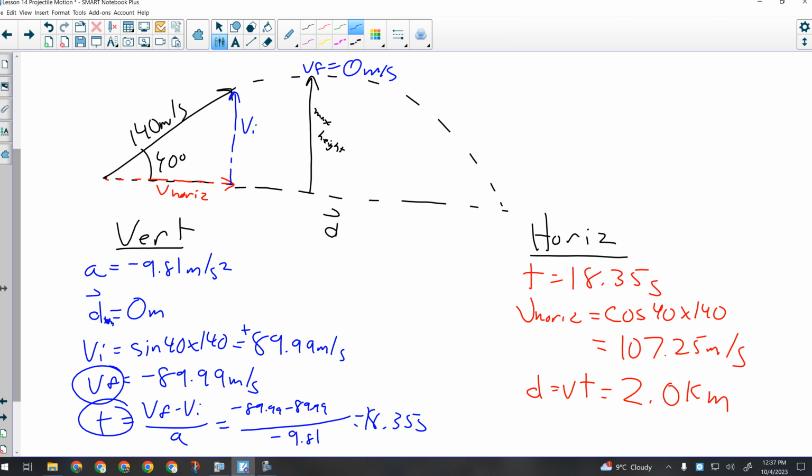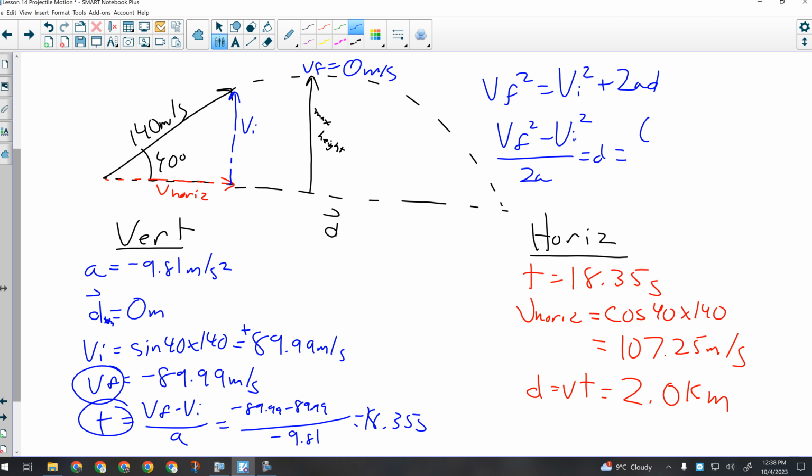Okay? So two ways to calculate this. They'll arrive at the same answer. Okay? I can use this formula, VF squared equals VI squared plus 2AD, and solve for D, because the vertical displacement would be my maximum height. So that would mean VF squared minus VI squared over 2A.